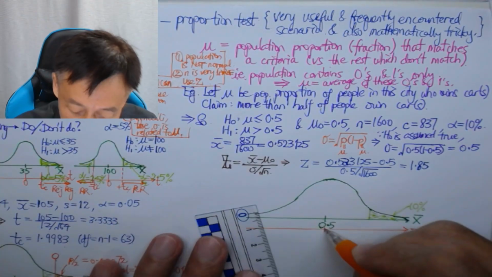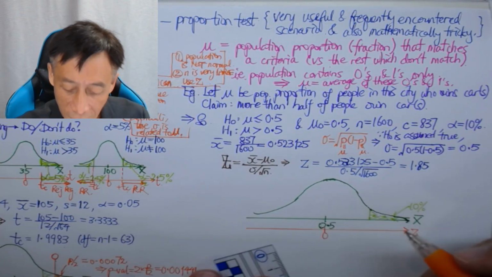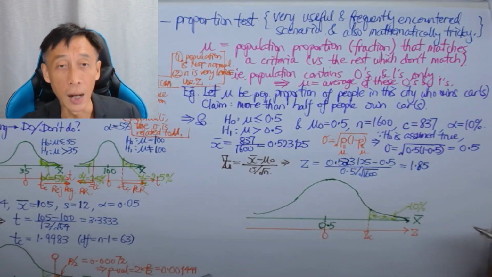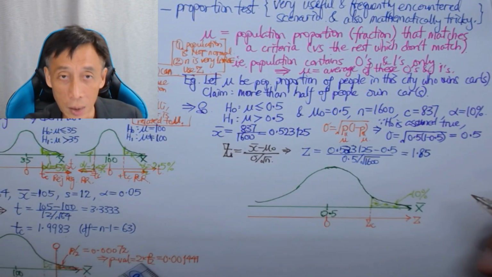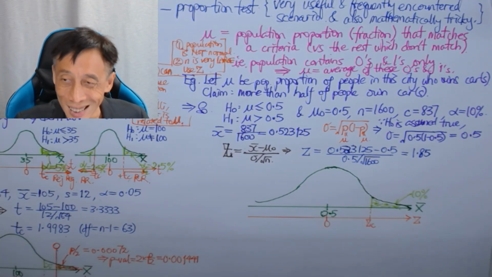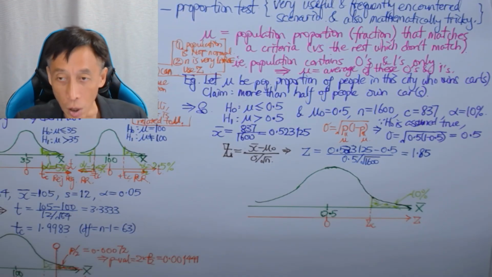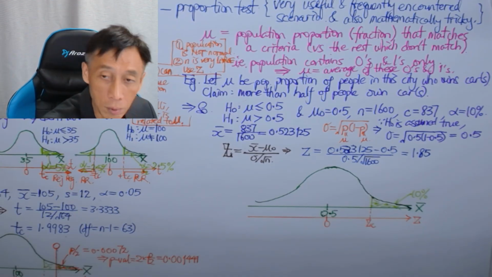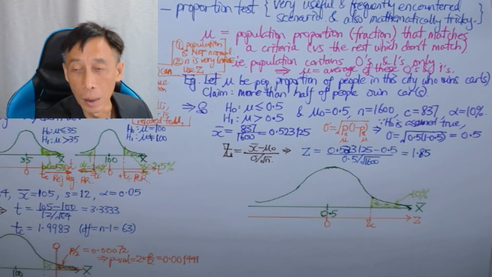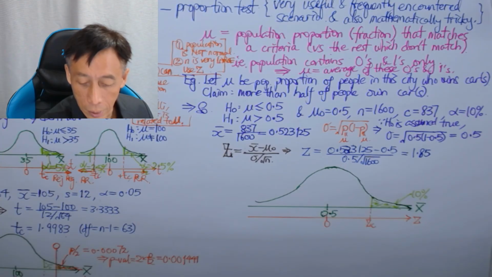So this maps to 0 just like the t case, and we want to obtain this zc, the critical value. Either that or you obtain the p-value. We do both. So for zc, you can use norm.inv in Excel, and qnorm in R, to obtain the necessary z value.